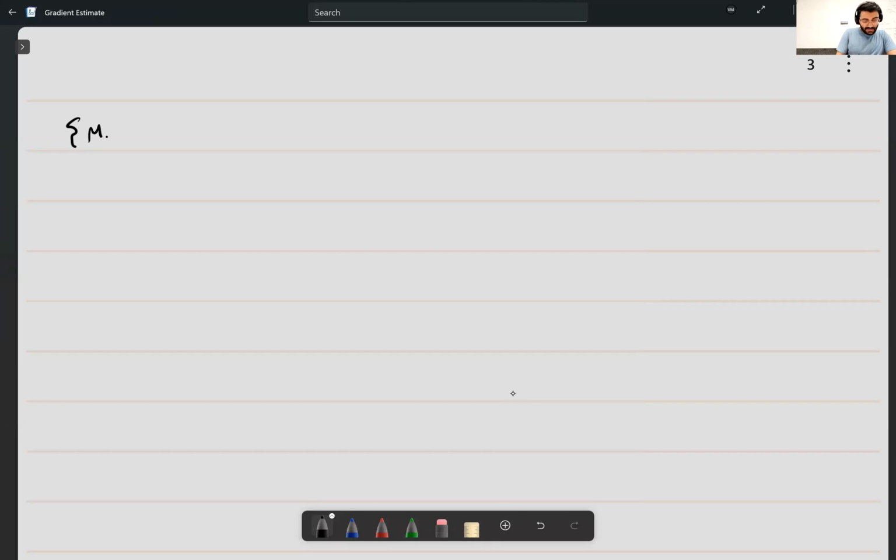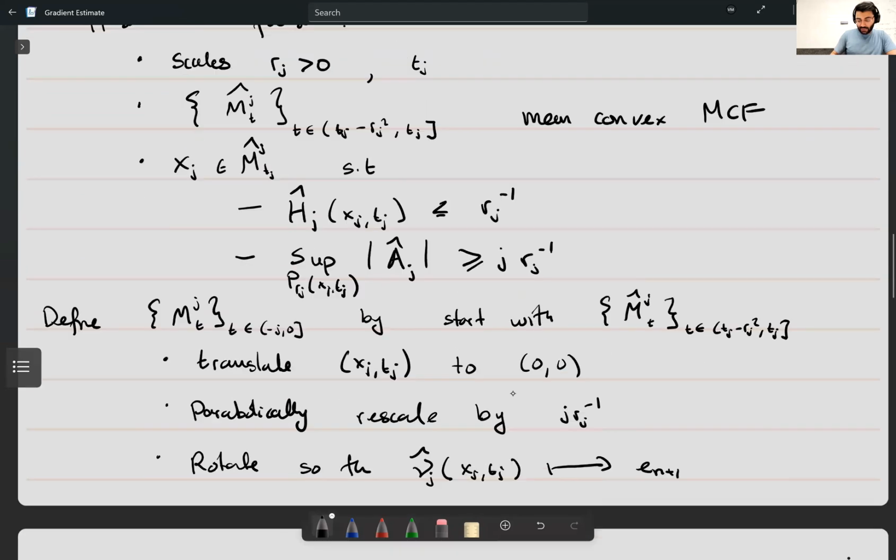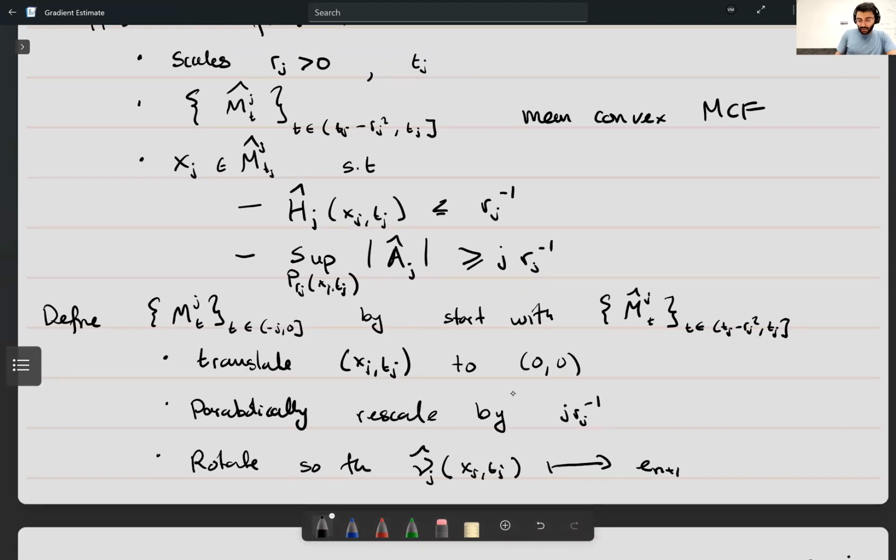Okay, so I'm parabolically rescaling. Why do I get minus j comma 0? When I rescale by jrj inverse, firstly I'm translating xj, tj to 0, 0, so the tj becomes just 0 here and minus rj squared here.